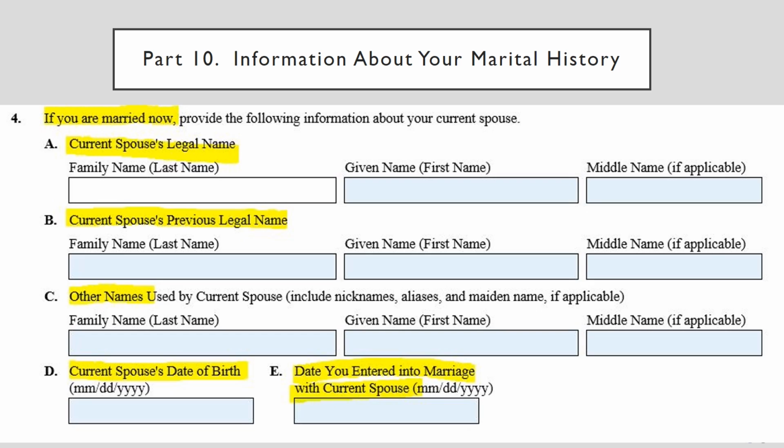C. Other names. D. Current spouse's date of birth. E. Date you entered into marriage with current spouse.